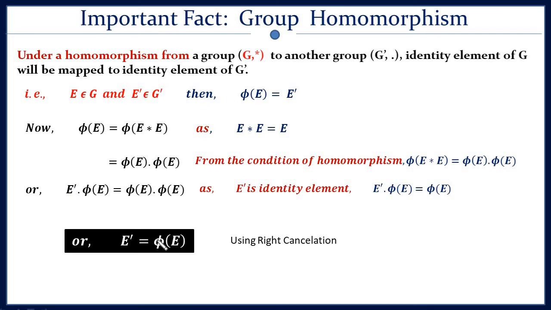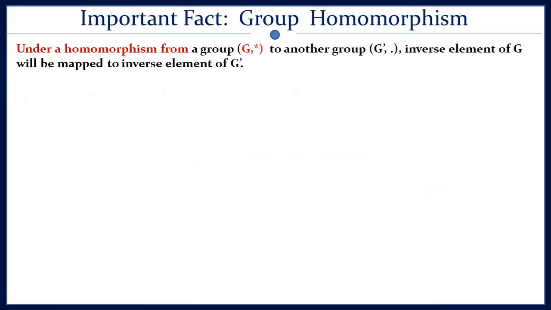Okay. Now the second property is, under a homomorphism from a group G to another group G prime, the inverse element of G will be mapped to the inverse element of G prime. What it says is phi(a inverse) is equal to phi(a) inverse for all values of a inverse belonging to group G. That is, the inverse element of group G will be mapped to the inverse element of the group G prime.